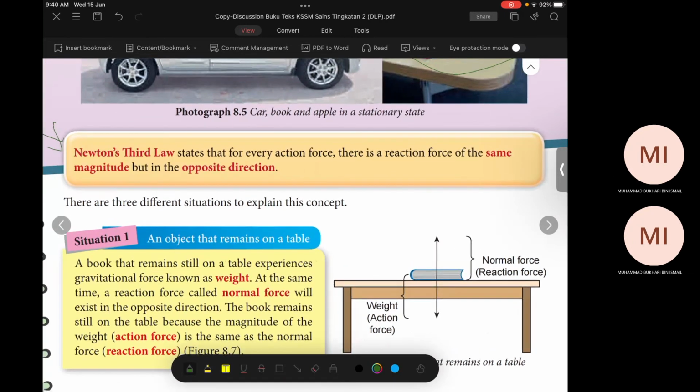Third Newton's law states that for every action there is a reaction. Every action there is a reaction. Force of the same magnitude, but opposite direction. Did I mention this just now? Still remember? Okay, good.